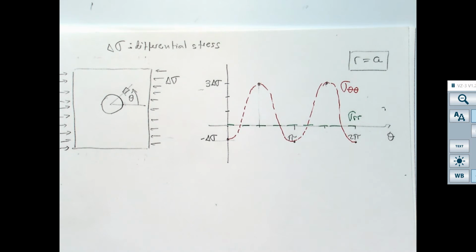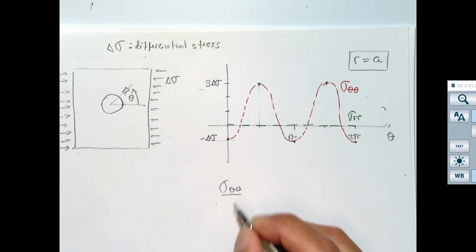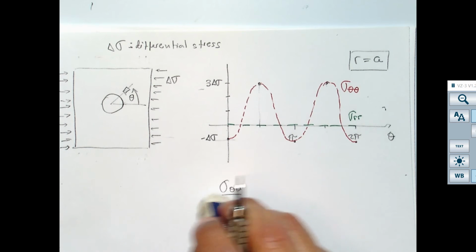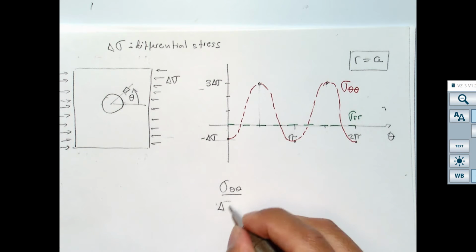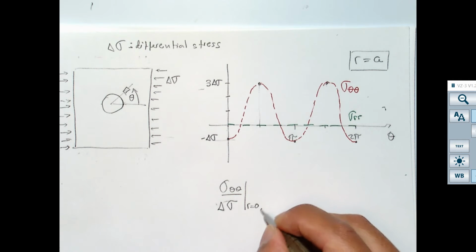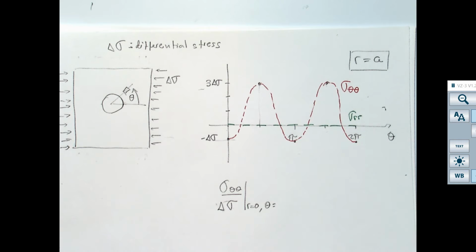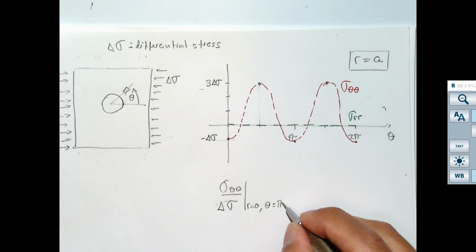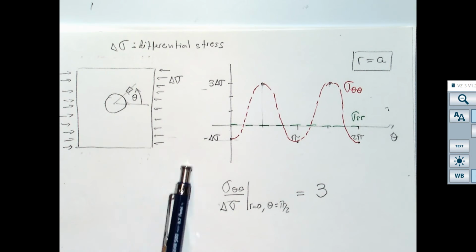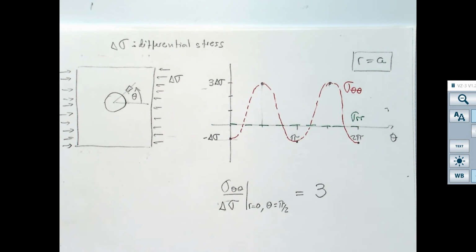Well, now if we have an anisotropic loading with stress just in one direction, sigma theta theta divided by sigma, in this case a differential stress, at the wall of the wellbore, and at theta equal to pi over 2, 90 degrees, is equal to 3 times. So now the stress gets amplified 3 times instead of 2 times, because we have stress just in one direction.